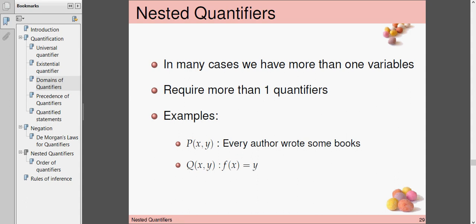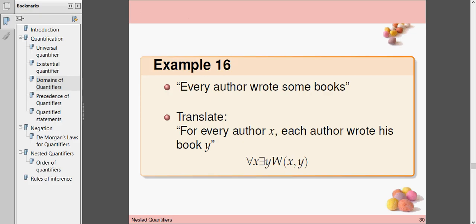In many cases, we have more than one variable, and require more than one quantifier. For example, P(X,Y), every author wrote some books. So Q(X,Y), if X equal Y. So here, every author wrote some books. Translate that: for every author X, each author wrote his book Y. That means every author is the domain.